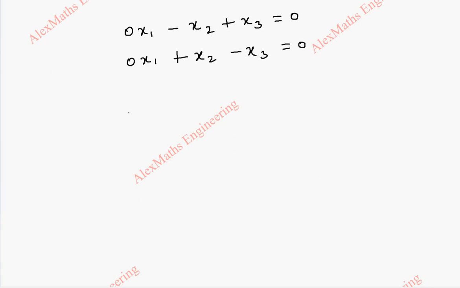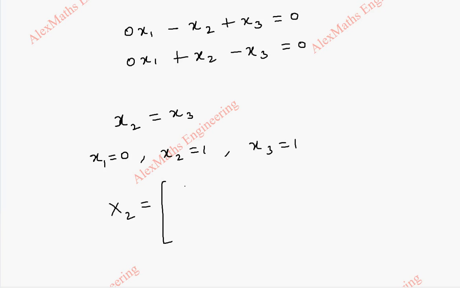So I will take the third equation. From that we get x2 equal to x3. This does not have x1, so I can take x1 as 0, and if I take x2 as 1, then x2 and x3 are equal, so x3 will also be 1. So the eigenvector corresponding to 1 is 0, 1, 1.